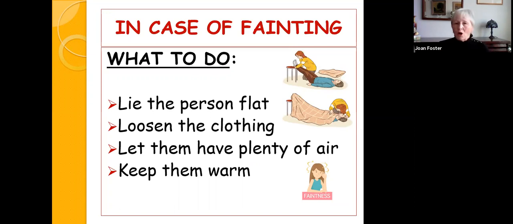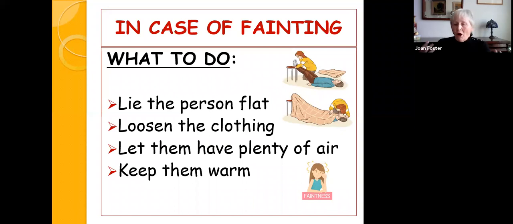You can't get the coat off of them when they're lying down. If you can go under a pair of pants or sweater, undo that tight button on the pants. God knows we've all got tight buttons on our pants right now with the COVID weight we've put on. But you've got to loosen the clothing so there's nothing constricting them. You have to let them have plenty of air. You pick up anything and you just fan them. It's a matter that they have a lot of air.